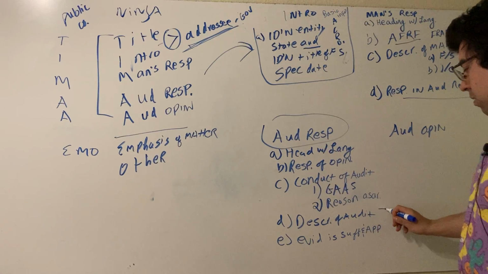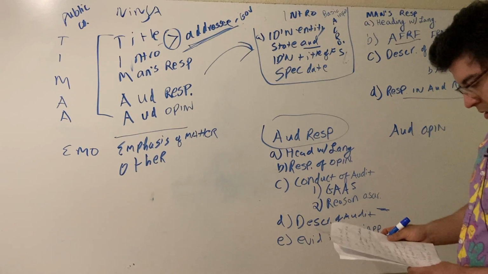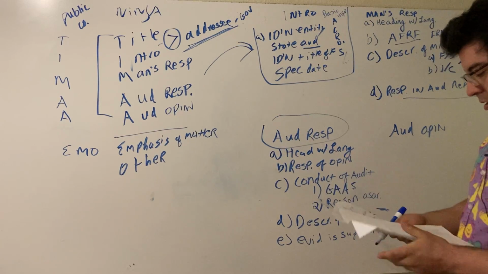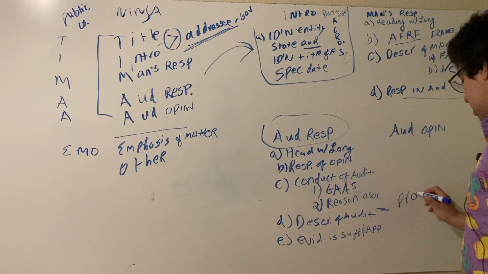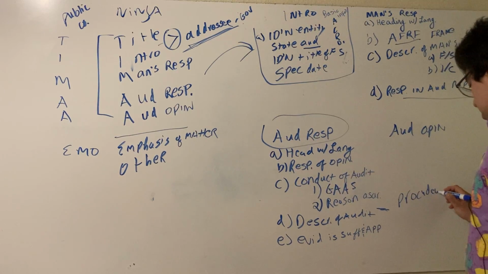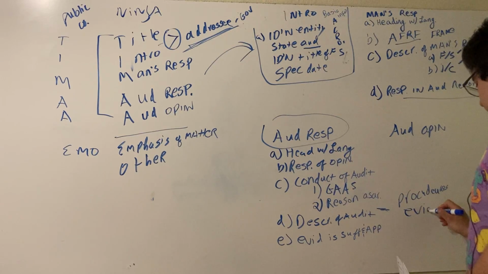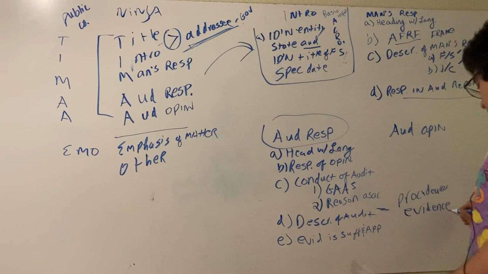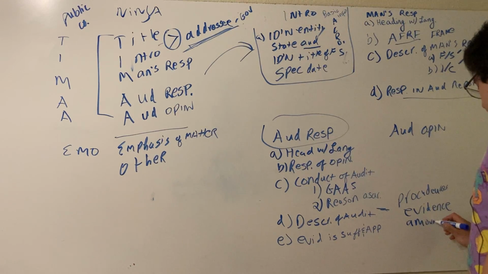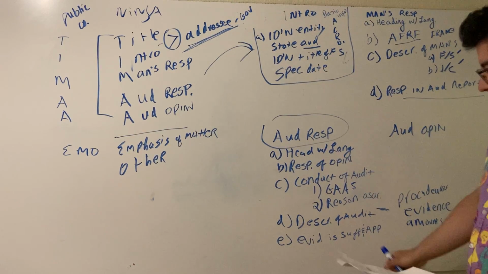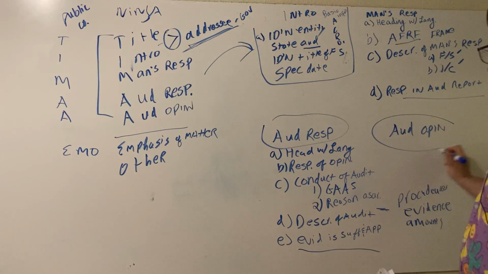Description of the audit: we have to describe our procedures, evidence, amounts. And we have to say what the evidence is, and then we come to our audit opinion.